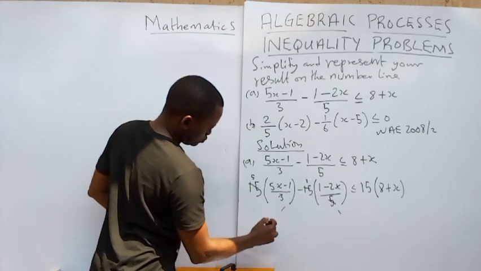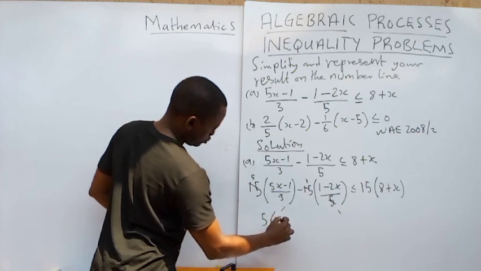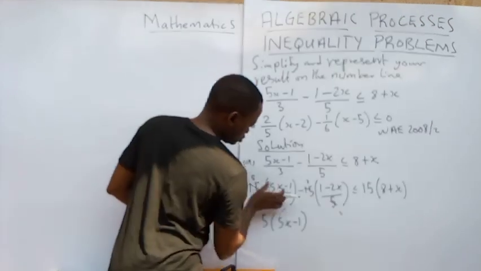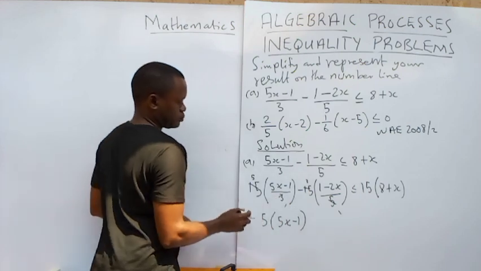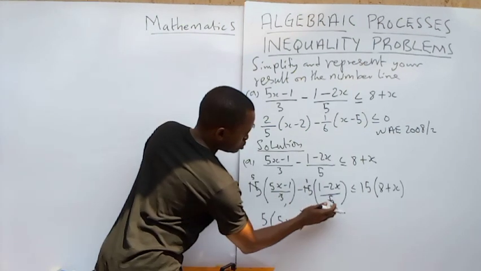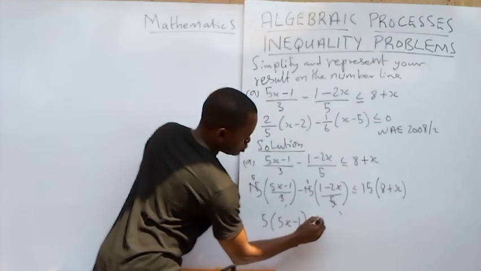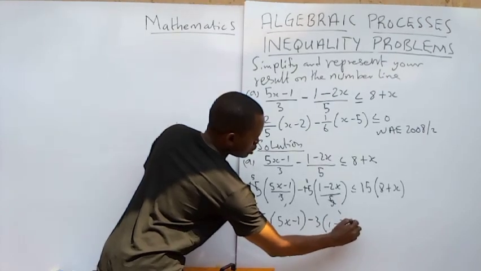So you realize that we are going to be having 5 into 5x minus 1. I'm sure you understood what I did here. All right, then 5 divided this and gave out 3. So we are going to have minus 3 into 1 minus 2x.